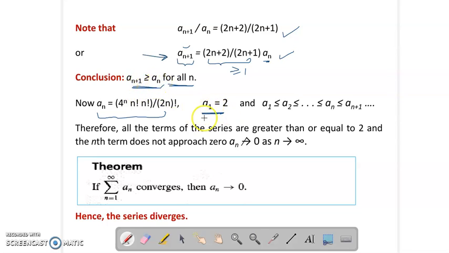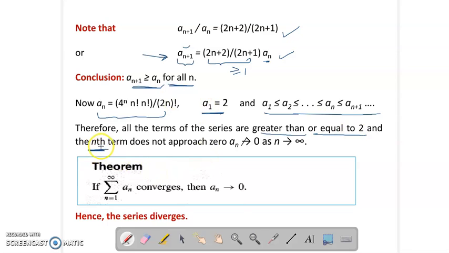So a1 is equal to 2 and a1 is less than or equal to a2, which is less than or equal to a3, and keep on going like this. Therefore, all the terms of the series are greater than or equal to 2, right? First term of the series is 2, next is bigger, next is even bigger.